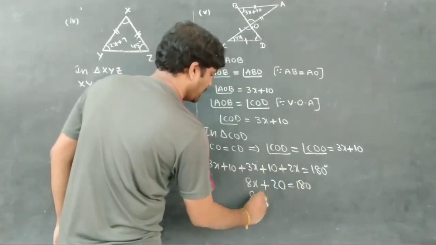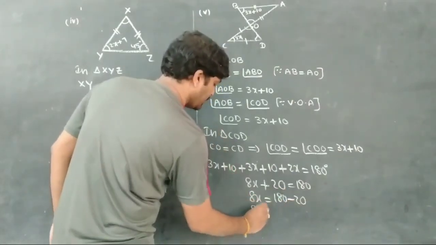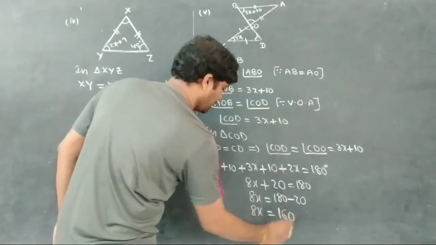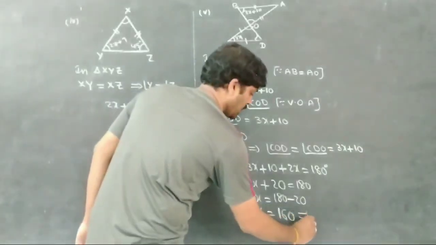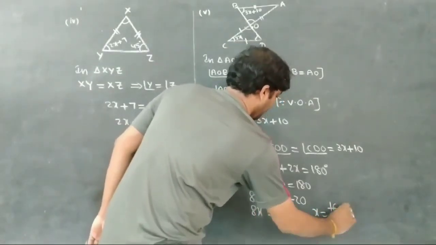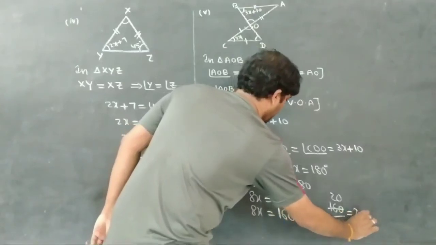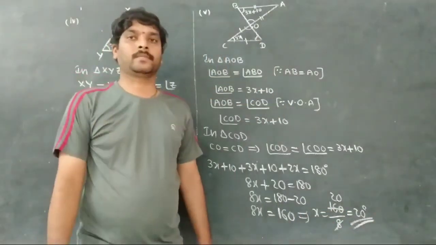Now 8x is equal to 180 minus 20. 8x is equal to 160 degrees. That implies x is equal to 160 by 8. 8 twos are 16. So we got 20 degrees. The final answer is 20.